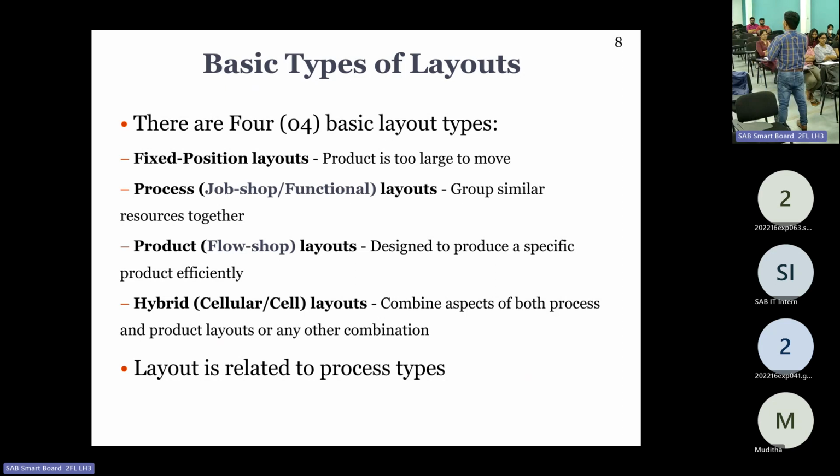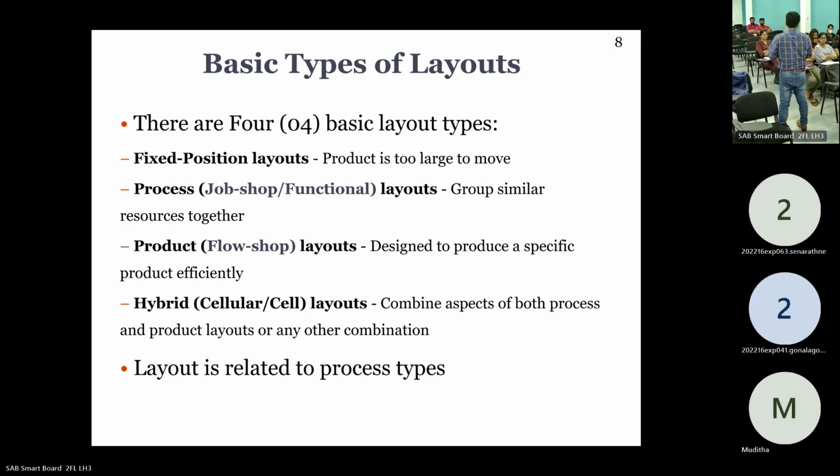Then process-oriented layouts, that is different. Then product-oriented layouts, that is totally different. And then hybrid layouts, cell layouts, that combine any two, especially the second and the third one. Process-oriented and product-oriented layouts are combined in hybrid.